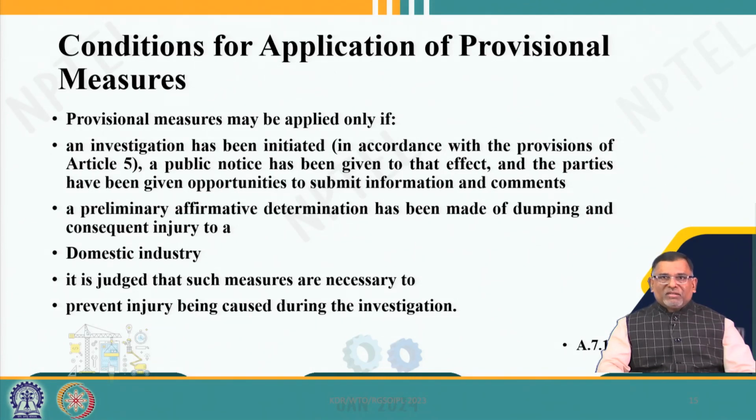Here you can see that a public notice is to be given to that effect, and before imposing provisional measures, an opportunity of hearing is to be given, and also to submit documents and comments. And also there must be an affirmative determination of dumping, of injury, and of causal link as well.